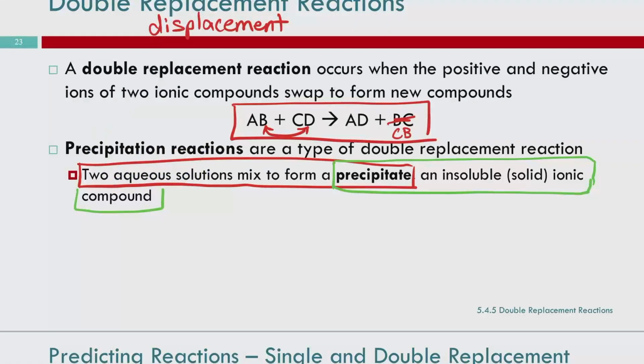Aqueous means they're dissolved, because they'll have the AQ after it. Two aqueous dissolved solutions mix and they form a solid. That's our definition for a precipitation reaction. And then the precipitate is just the solid that forms. So what comes out of a precipitation reaction, the reason that we do precipitation reactions.